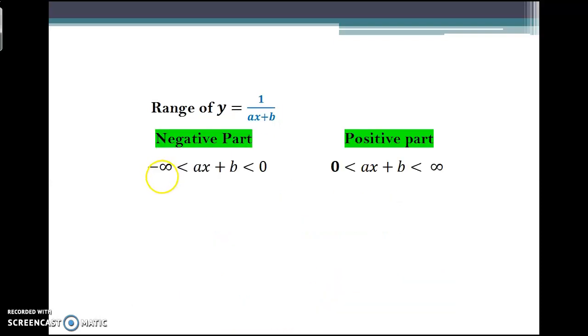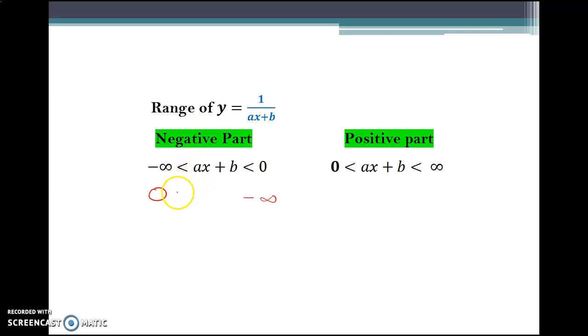For the negative part, minus infinity to 0, when we take reciprocal, the numbers which are tending to minus infinity, their reciprocals will tend to 0, and the numbers which are tending to 0 from the negative side, their reciprocals will tend to minus infinity because the numbers are negative, so the reciprocal must be negative.